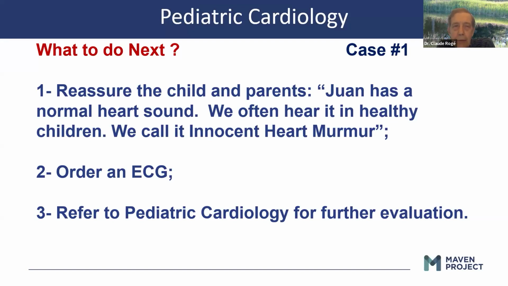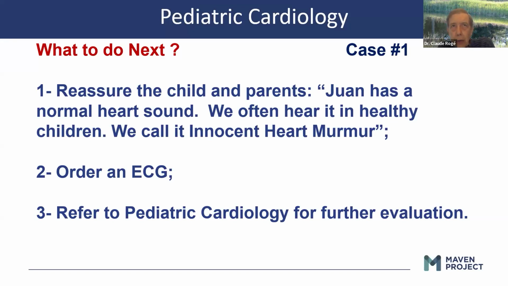So if you had the chance to work with a cardiologist or someone who is experienced with that, and you feel comfortable, and you have seen a few cases, number one is definitely a very good option. Order the ECG. Again, we went over sports physical when you want to order an ECG.